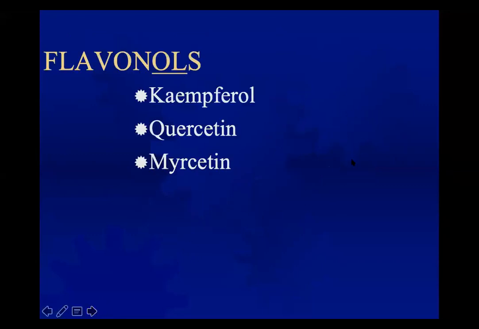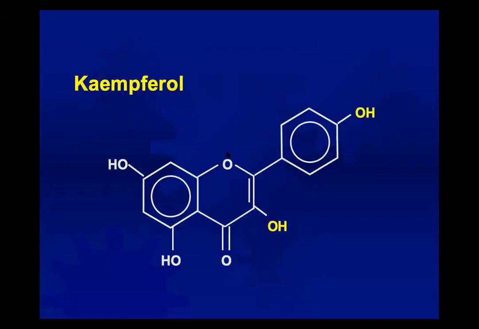Some flavonols: kaempferol, quercetin, myricetin, they are very important. I mentioned they have powerful antioxidant activities and they are mostly anti-carcinogenic. Here, kaempferol is like this, a simple flavonol. That means 3 carbon hydroxyl, 5, 7, and here the only difference between quercetin and kaempferol is like that.